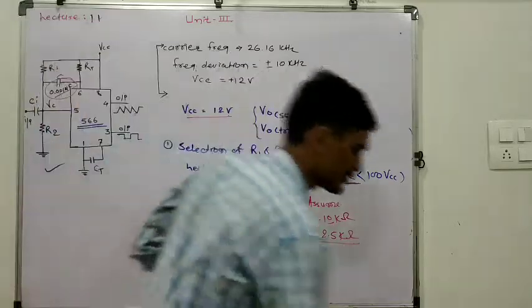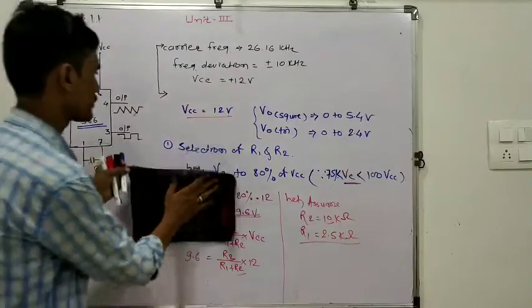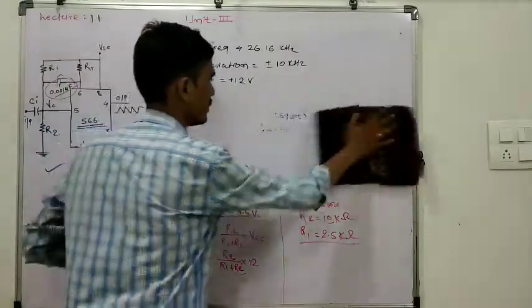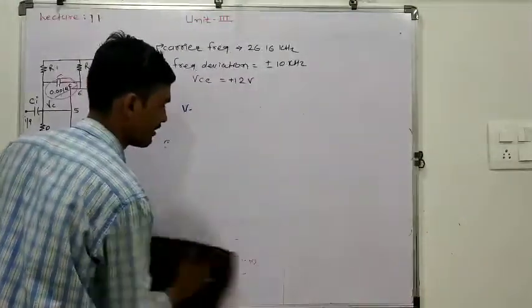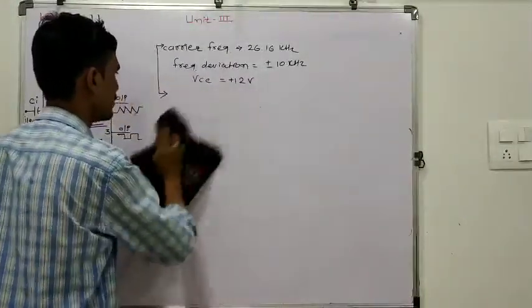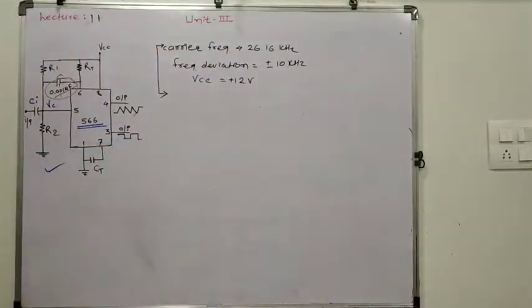So next point is to calculate the RT and CT. So this is the selection of R1 and R2 as well as VC. VC is nothing but we are assuming 80% of the VCC. It is 9.6 volt.